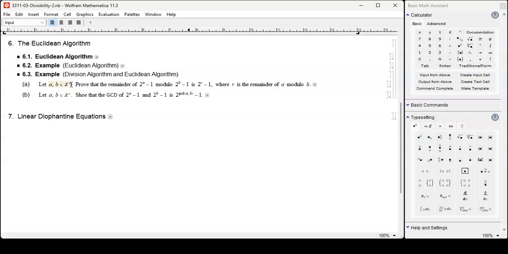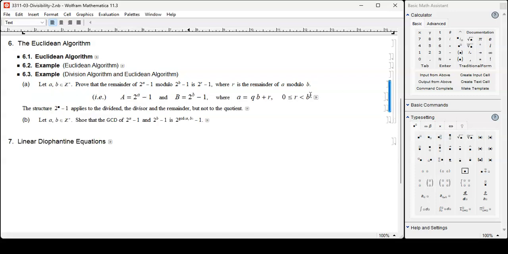Given a pair of positive integers a and b, we must prove the remainder of 2 to the a power minus 1 divided by 2 to the b power minus 1 is 2 to the r power minus 1. You see, the remainder must follow the same structure, where r is the remainder of a divided by b.